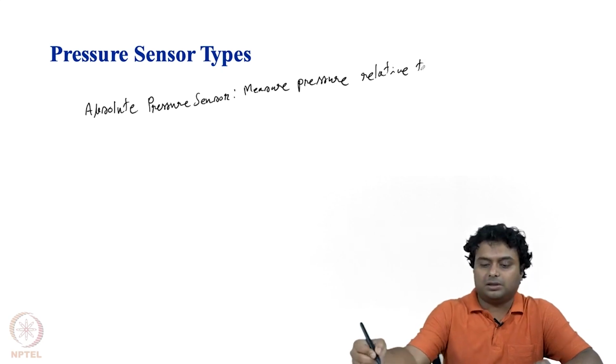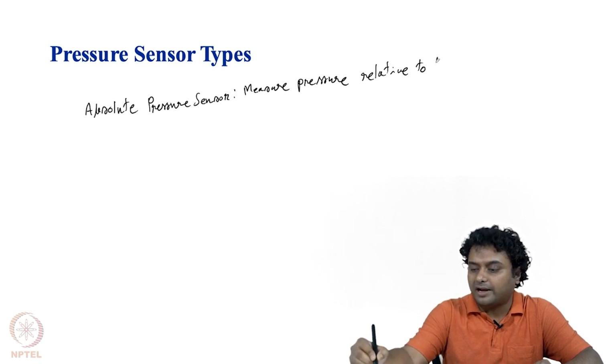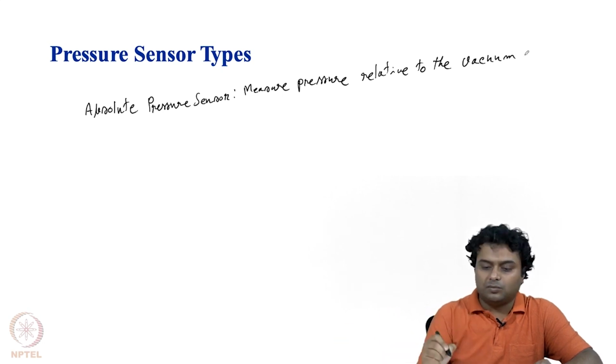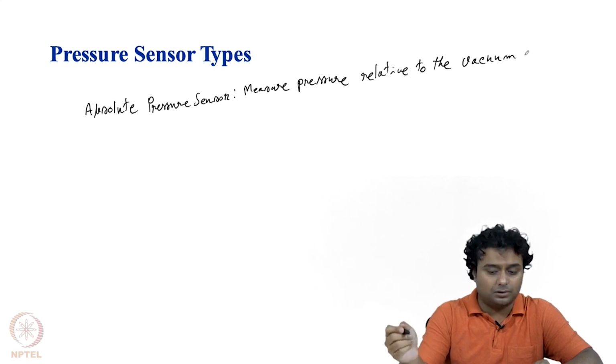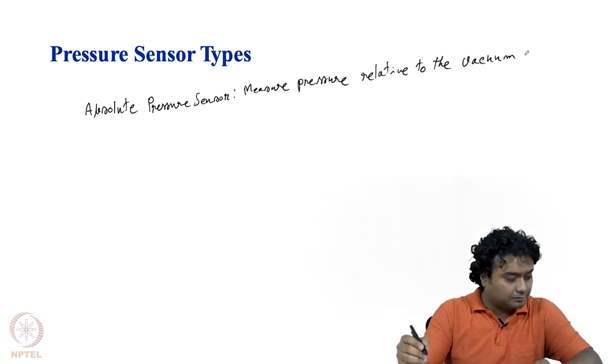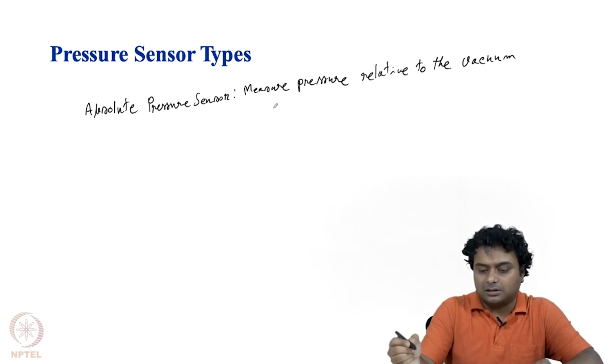So in the case of an absolute pressure sensor, we measure the pressure relative to the vacuum. If we consider vacuum to be zero pressure, then whatever pressure we measure with respect to zero is our absolute pressure. Atmospheric pressure measurement is an example of an absolute pressure sensor.